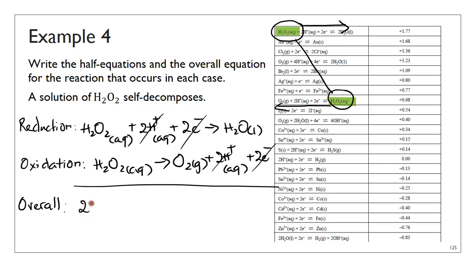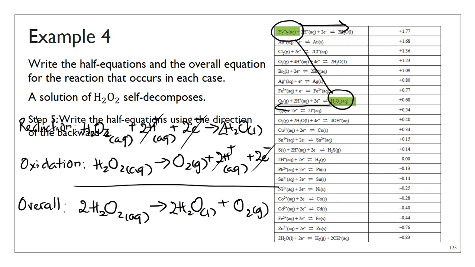So the final equation is just 2 H2O2 producing 2 H2O and oxygen. So, the decomposition of hydrogen peroxide produces water and oxygen gas.